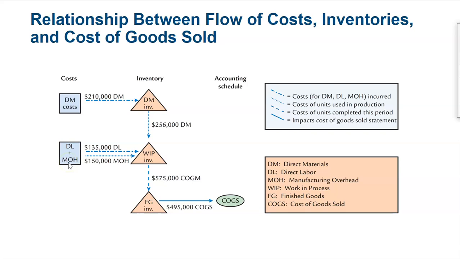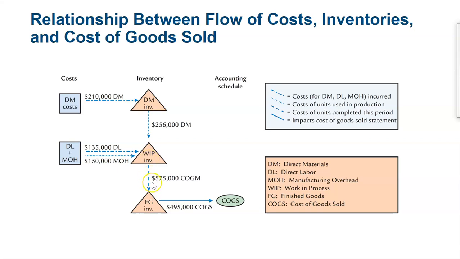And then we're going to apply manufacturing overhead of $150,000. That goes into work in process. That is an inventoriable cost. All of these figures combined here are going to give us our total product cost.